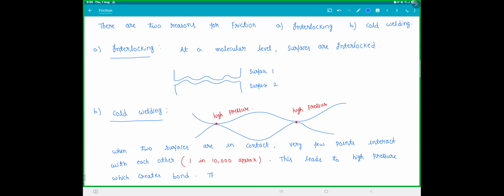These are called cold welding joints. So whenever you try to move the two surfaces, you need to break these bonds, and this leads to friction basically. So at a molecular level, this is the reason why you're getting friction. Clear with this?